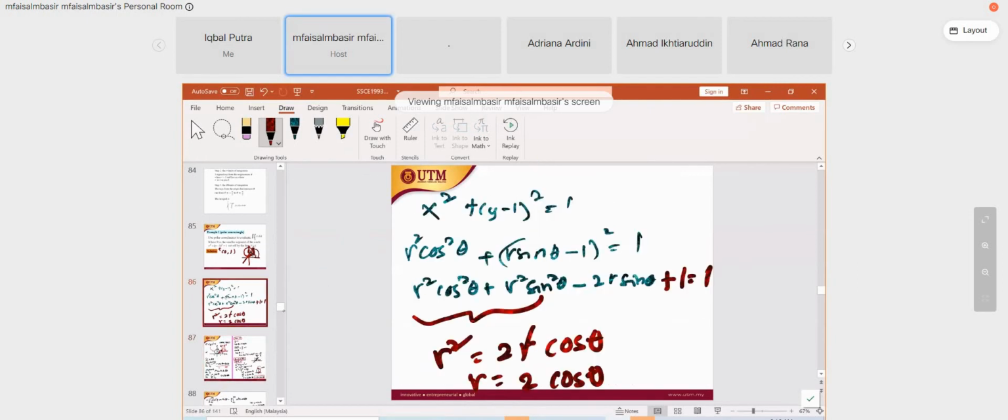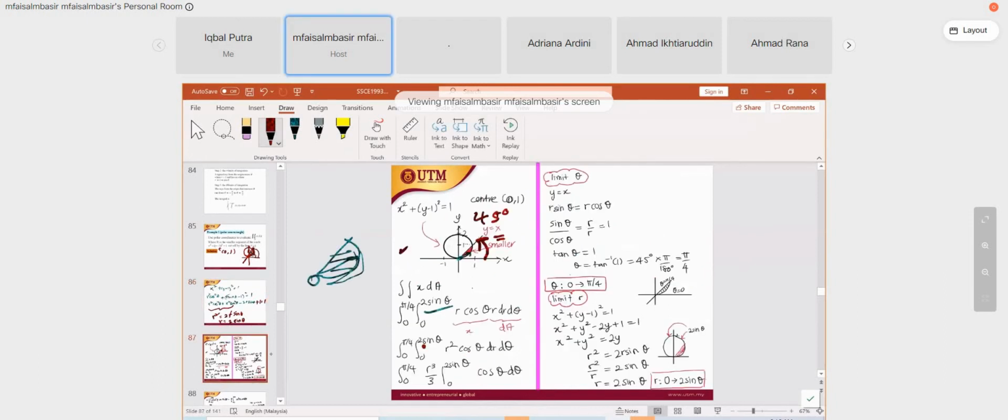Sine, sorry. So that's why one of the limits is 2 sin theta. You can find also from here, but logically you have to draw first so that you can see. So everything here is 2 sin theta. Okay, wait for a while.